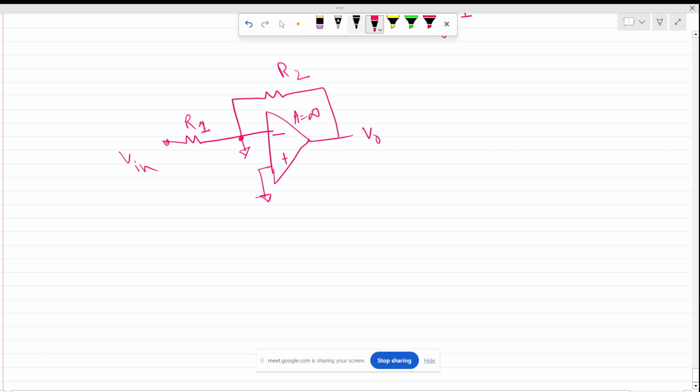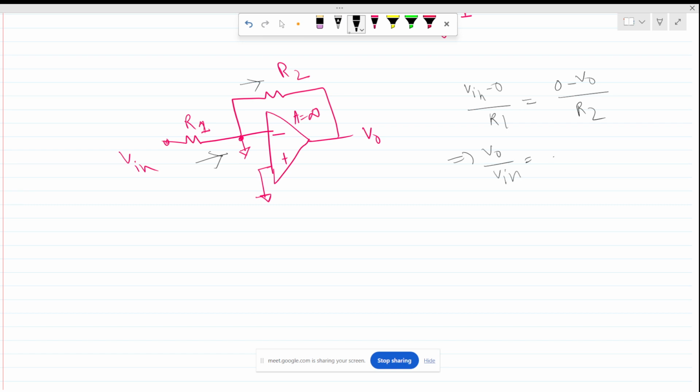So a constant current is flowing through this path. If V in is constant, this current has to flow through this path. If we write KCL, this current is equal to this current. So V in minus 0 divided by R1 will be equal to 0 minus V out divided by R2. So V out by V in will be nothing but minus R2 by R1. This is the closed loop gain.